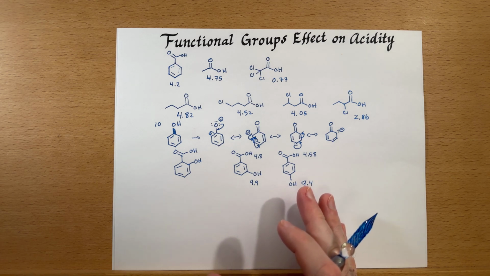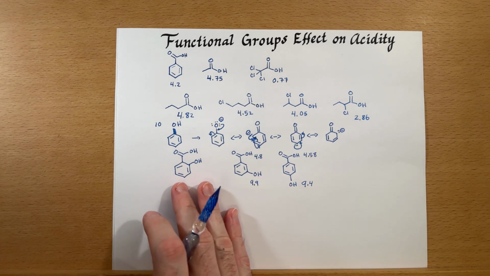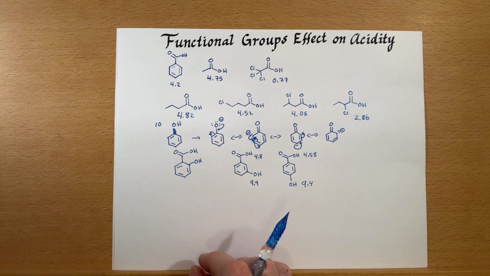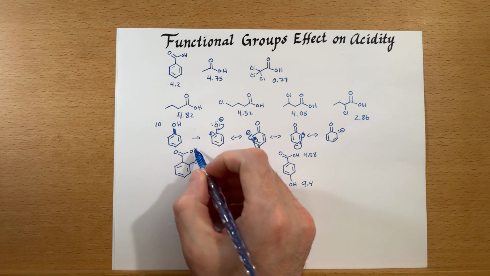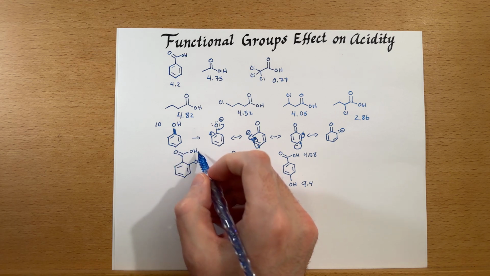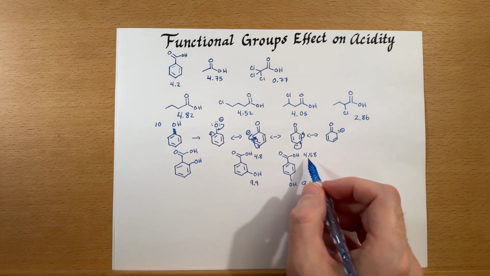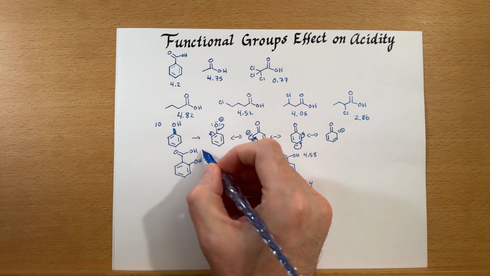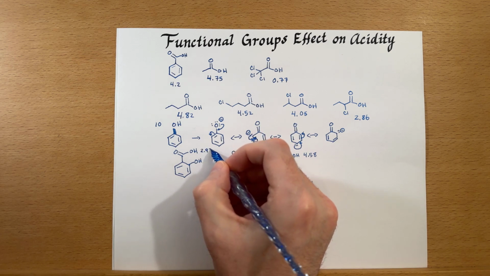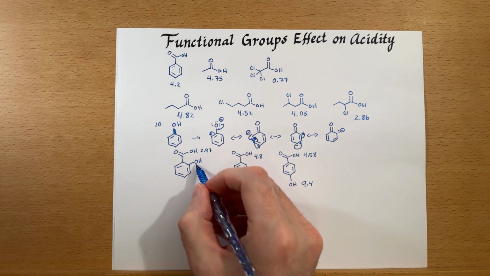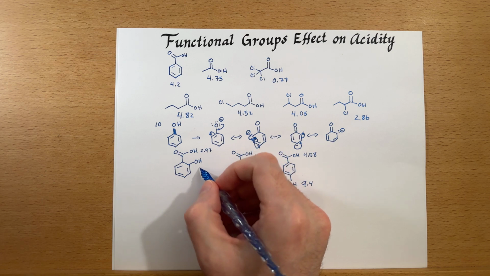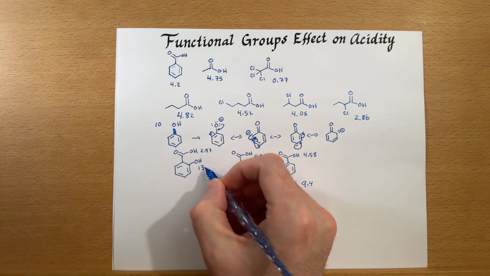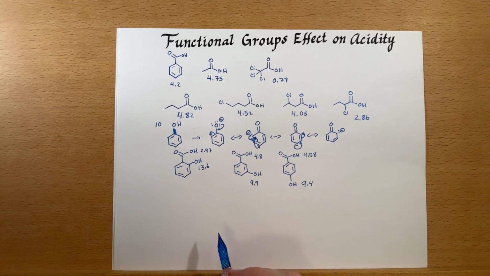Now, you may have noticed that I didn't do this one yet. That's because it's different. So this carboxylic acid is a lot more acidic than these. This one is 2.97, and this phenol is a lot less acidic than these phenol hydrogens, 13.6.